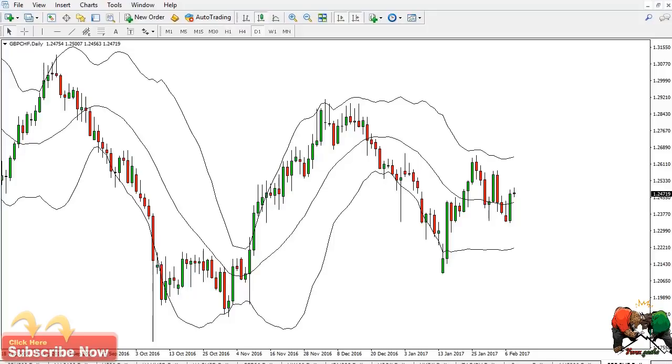Now, the middle line is a simple moving average, in this case a 20-period moving average. The other two lines are measurements of standard deviations, so two standard deviations above and below the moving average.